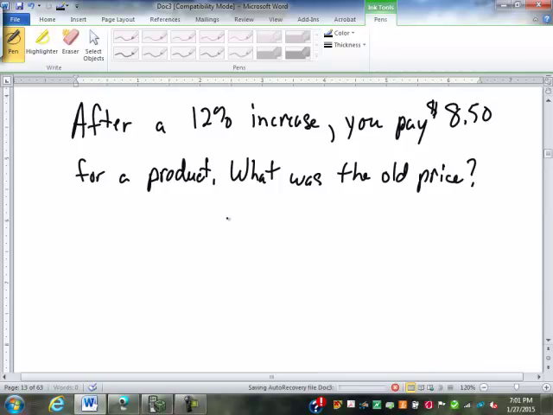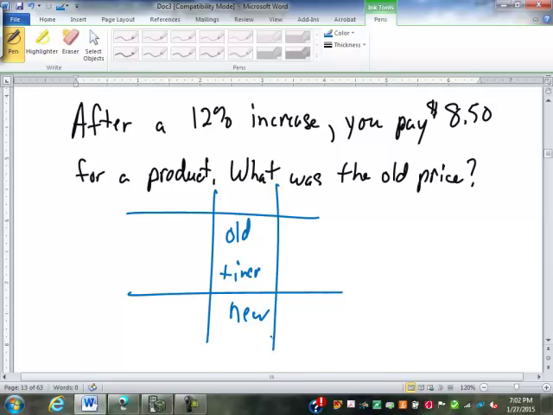Okay, so we have old price plus increase equals new price, for cents and dollars. What goes in our table? 100% for the old, 12% there.